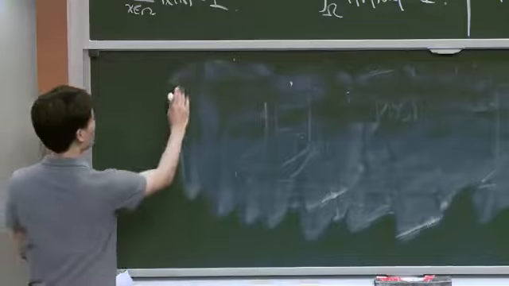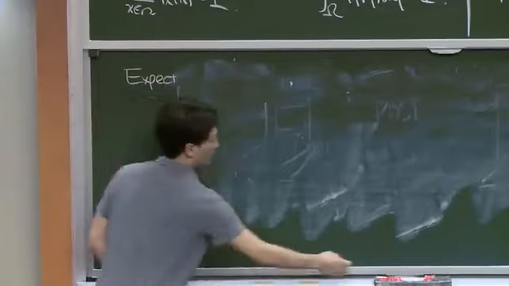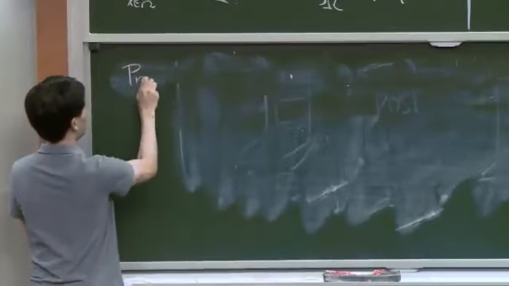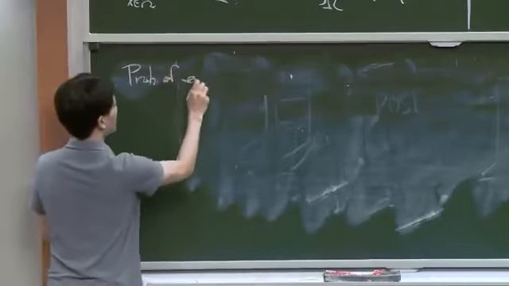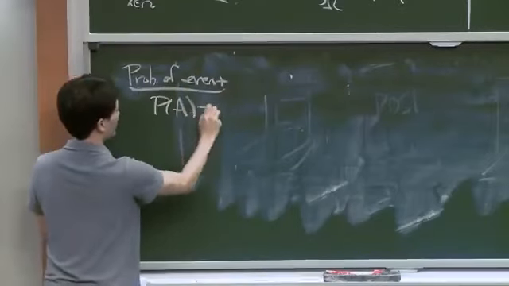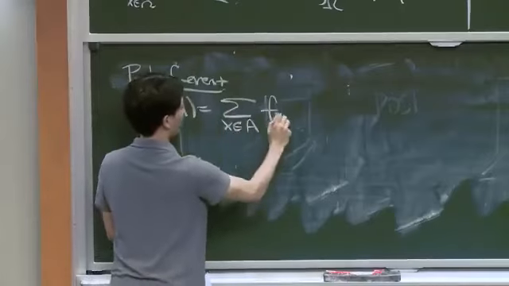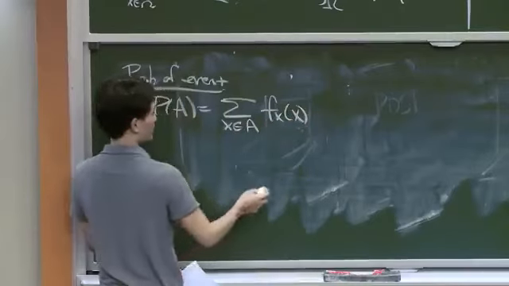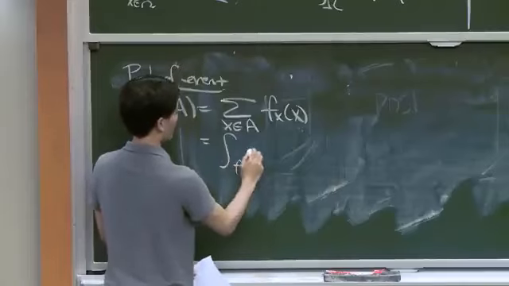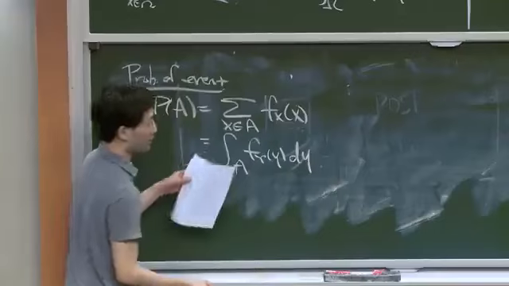Okay, then a few more things. Probability first. The probability of an event A can be computed as the sum of the probability mass function over all points in A, or the integral over the set A, depending on what we're using.